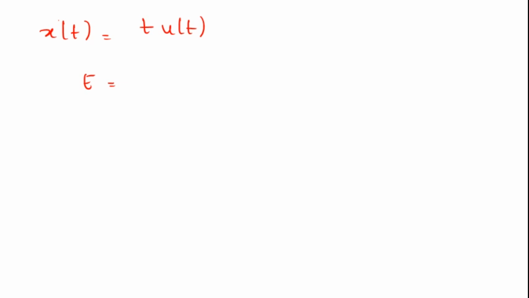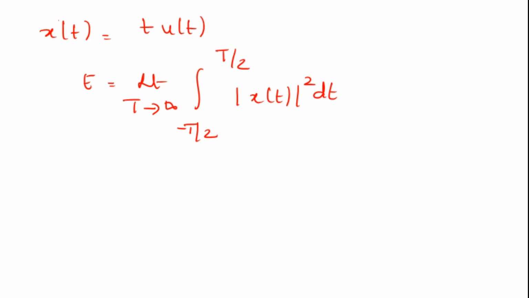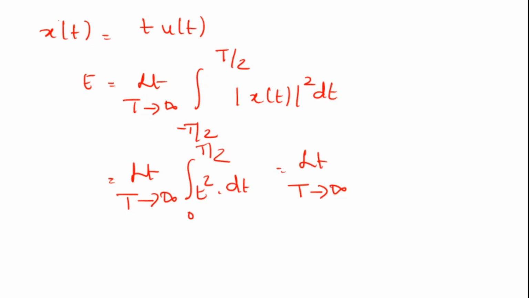Then E is equal to limit T tends to infinity integration minus T by 2 to T by 2 mod of x of t whole square into dt, or limit T tends to infinity integration 0 to T by 2 t square into dt, or limit T tends to infinity T by 2 whole cube divided by 3, which is equal to infinity. Hence, this is not an energy signal.